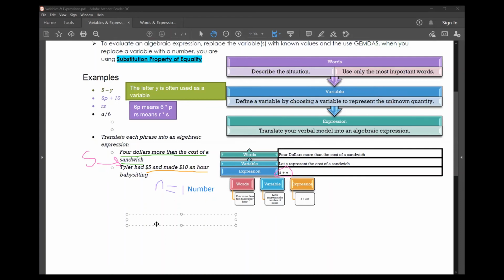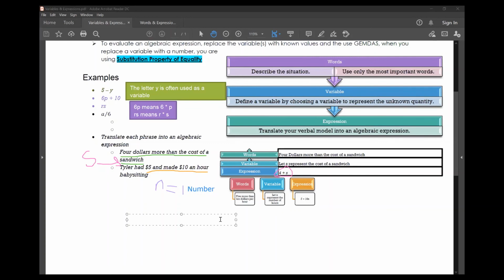So if we were to solve that problem, let's say he worked 8 hours. We will plug that in. We replace the n with 8, so it's going to be 5 plus 10 times 8.